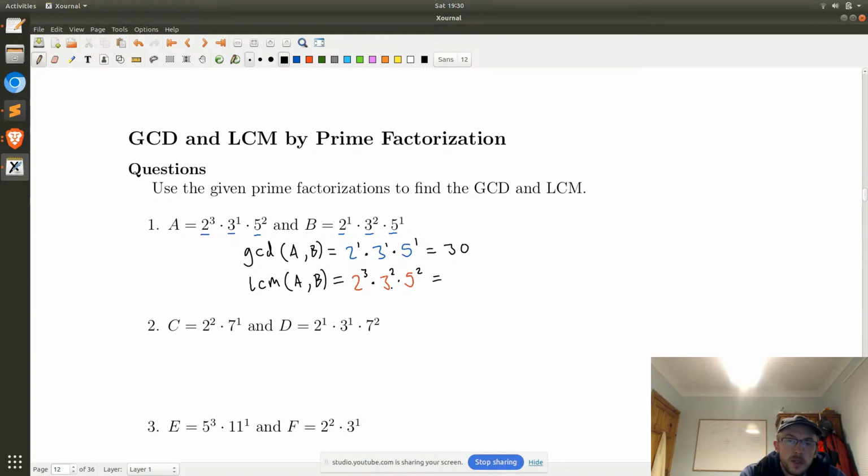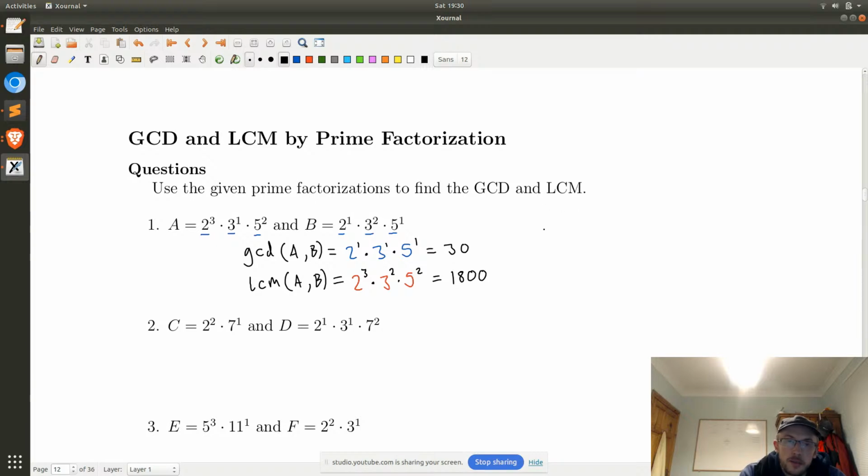So now, if you actually go ahead and compute this, you will have obtained the lowest common multiple of A and B. I want to compute it just because I like doing so, but you don't actually have to. I don't think so anyway. So let's see. 8 times 25 is 200, and 200 times 9 is 1,800.